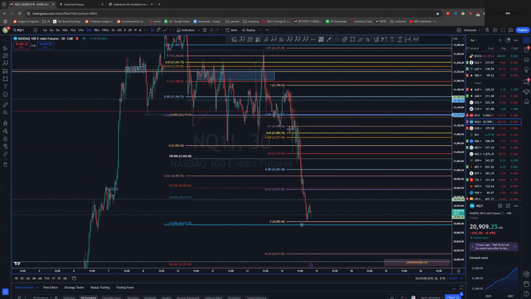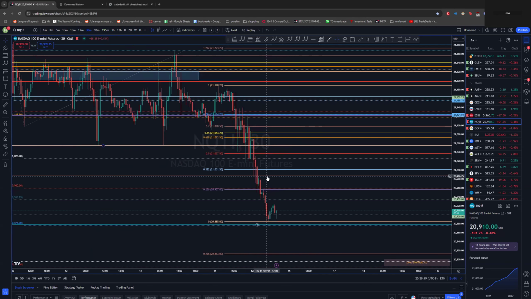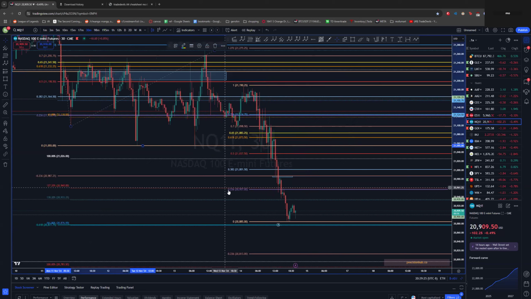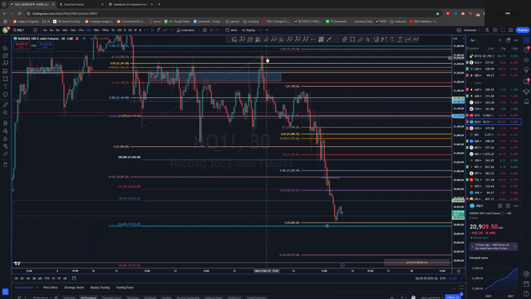So that offers us a higher chance of testing the 382, being the 21,000 area. But if anything, the max I would target would probably be right here, because this is the negative 236 of the retracement.